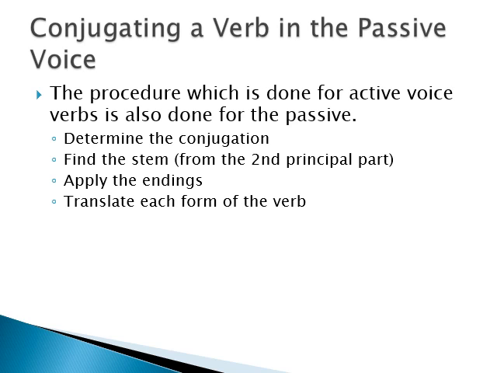Take off that RE, there's your stem. Then you apply the endings that we just learned to make it passive voice. And you translate it with a linking verb form, am, is, are, and then the past tense of the verb. We'll see this in a second.